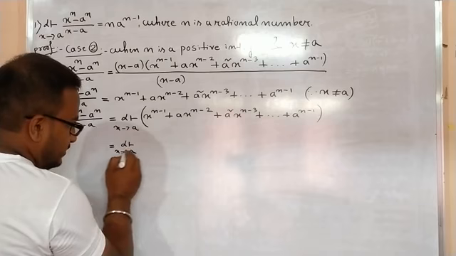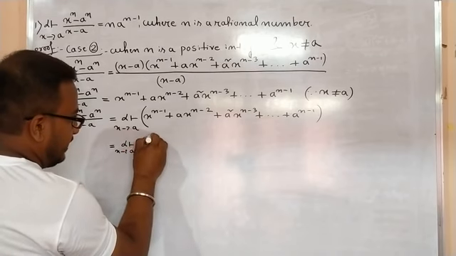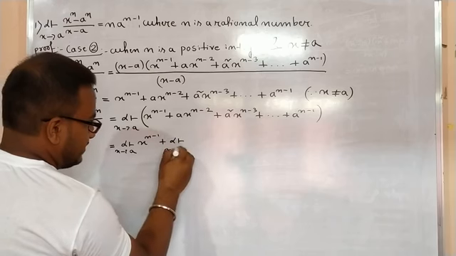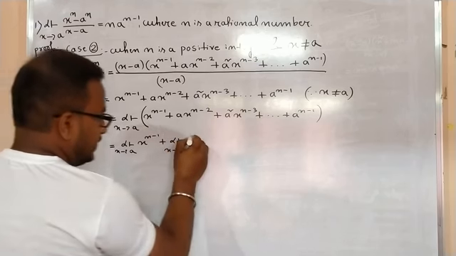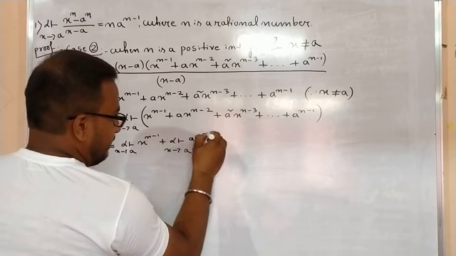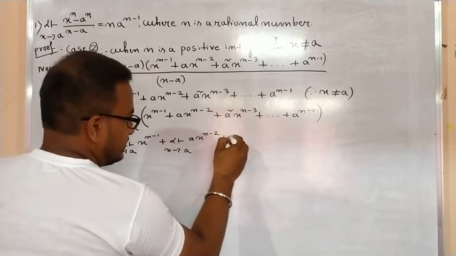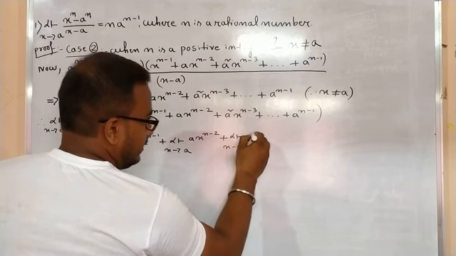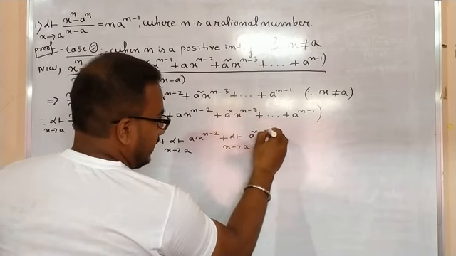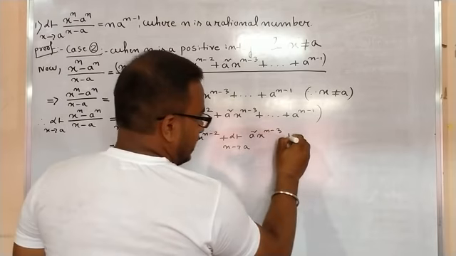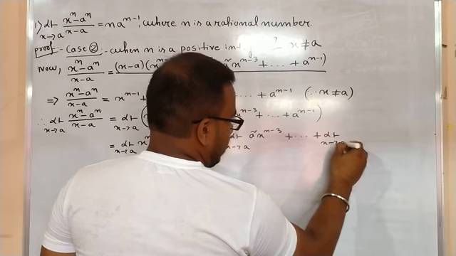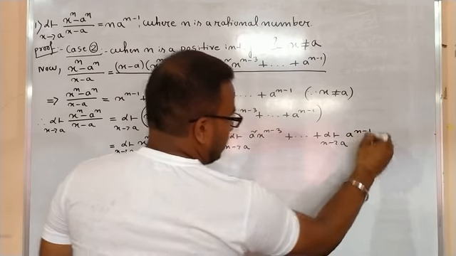So limit x tends to a, x to the power n minus 1 plus limit x tends to a, a x to the power n minus 2 plus limit x tends to a, a square x to the power n minus 3 plus dot dot dot plus limit x tends to a, a to the power n minus 1.